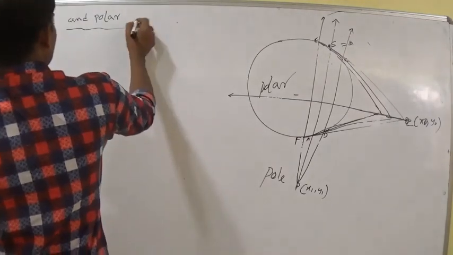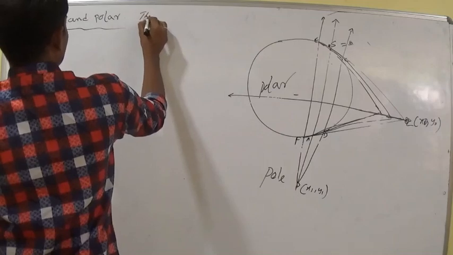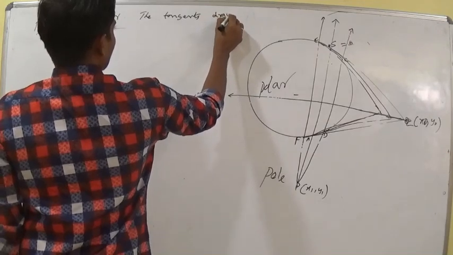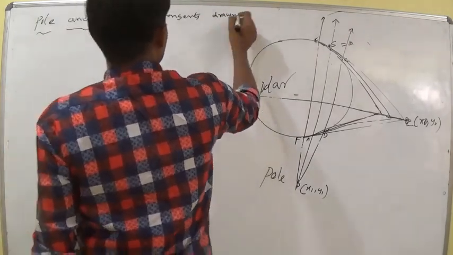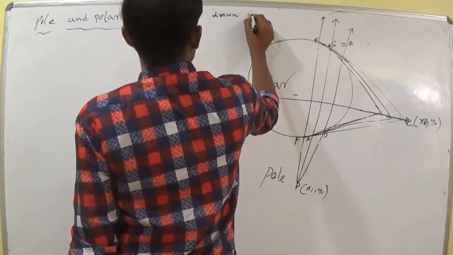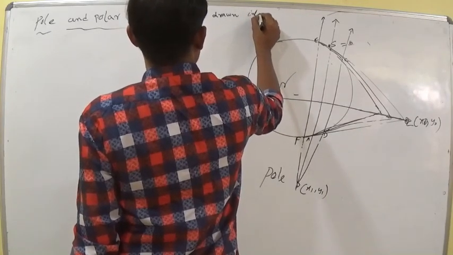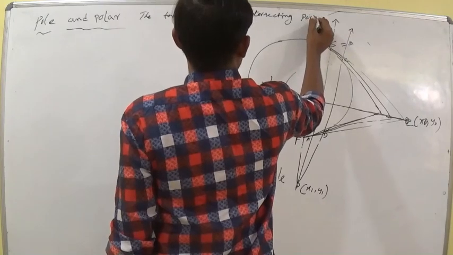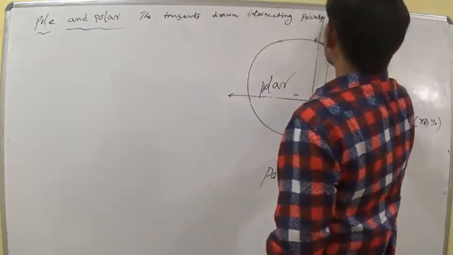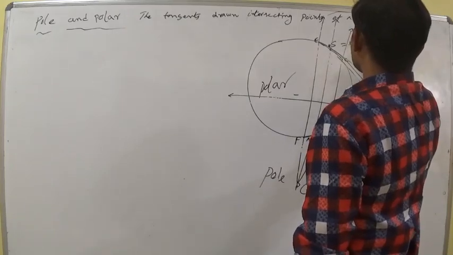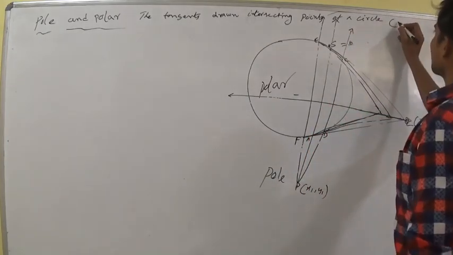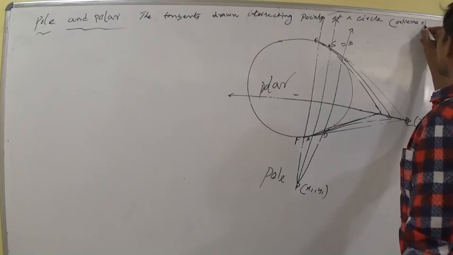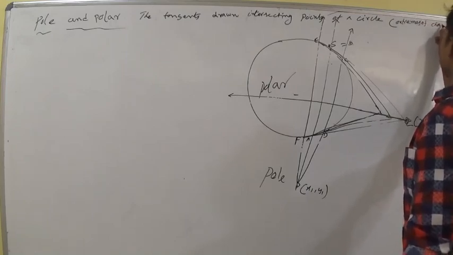Intersecting points of the tangents drawn from the intersecting points of a circle, brackets, extremes of chords.